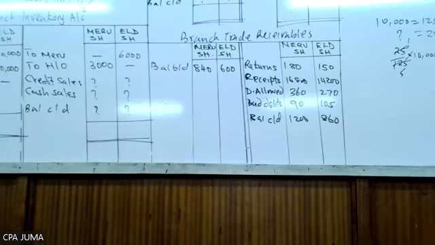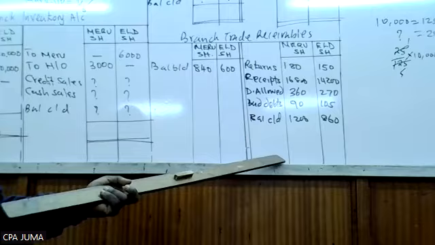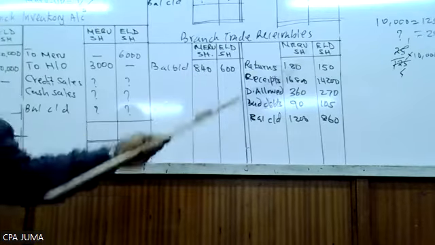Discount allowed, which is you telling somebody to pay you less by 20 more. Alright, listen to me here. We already have balance brought down and balance carried down. Ideally, for you to have carried down, it should be this minus all this.